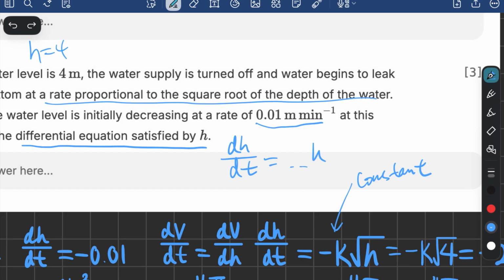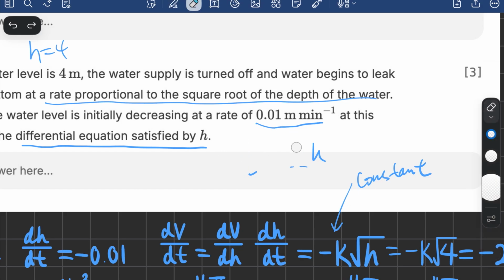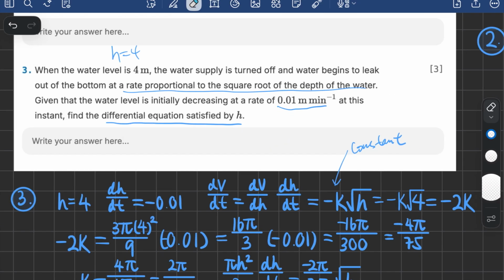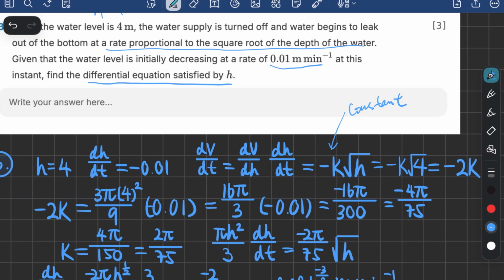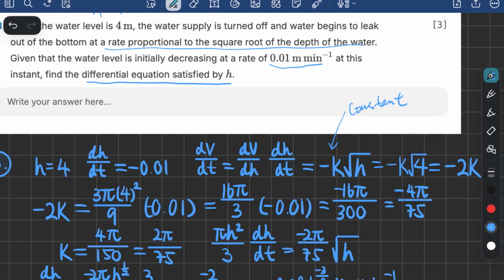So now we don't want to substitute h with 4, and we don't want a numerical value in the end for dh/dt. We just want an expression of a function, but now it's just the rate of water level decreasing.